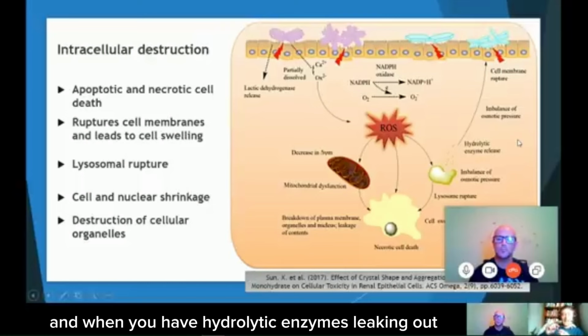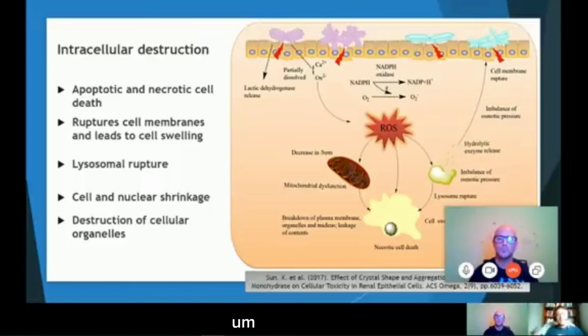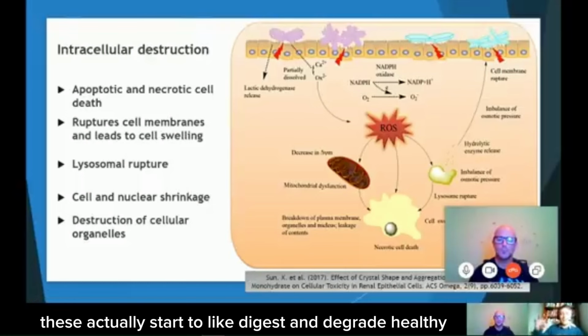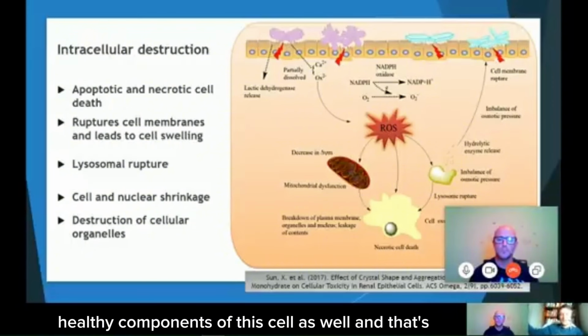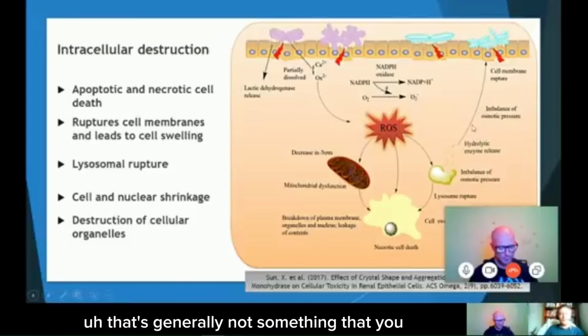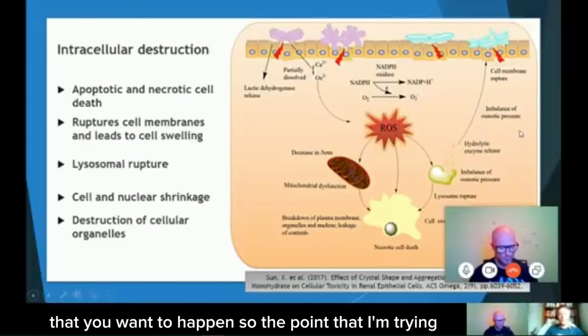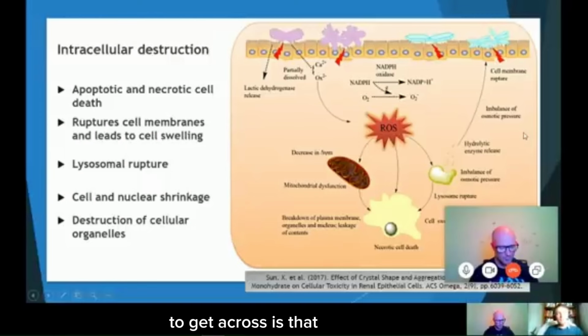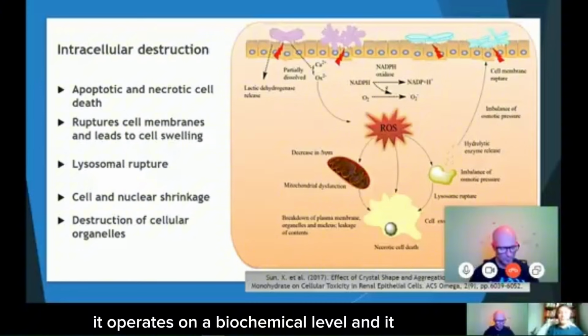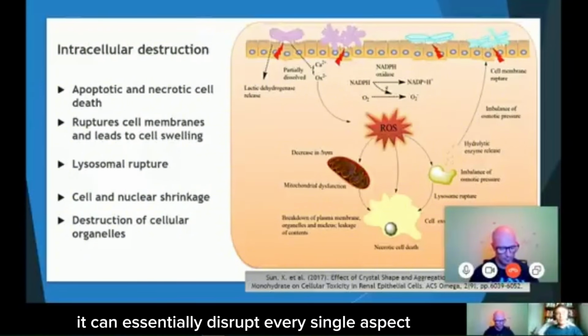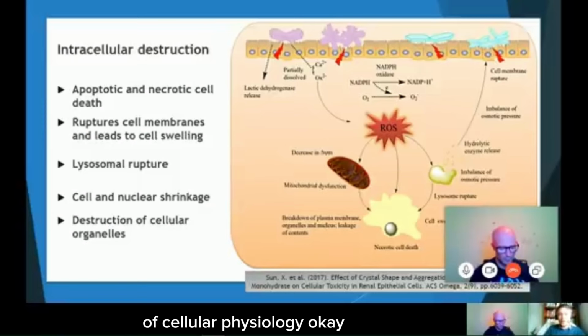When you have hydrolytic enzymes leaking out, these start to digest and degrade healthy components of the cell as well. That's generally not something that you want to happen. So the point that I'm trying to get across is that oxalate is not only a mechanical problem, but it operates on a biochemical level, and it can essentially disrupt every single aspect of cellular physiology.